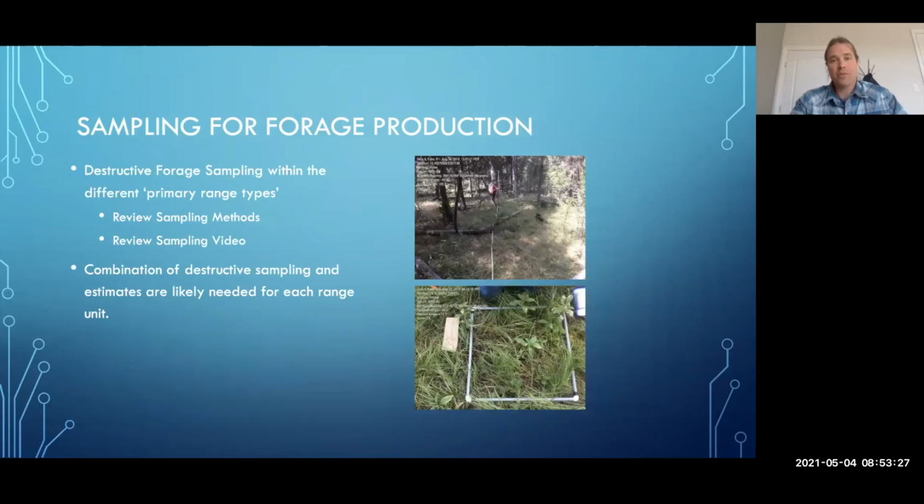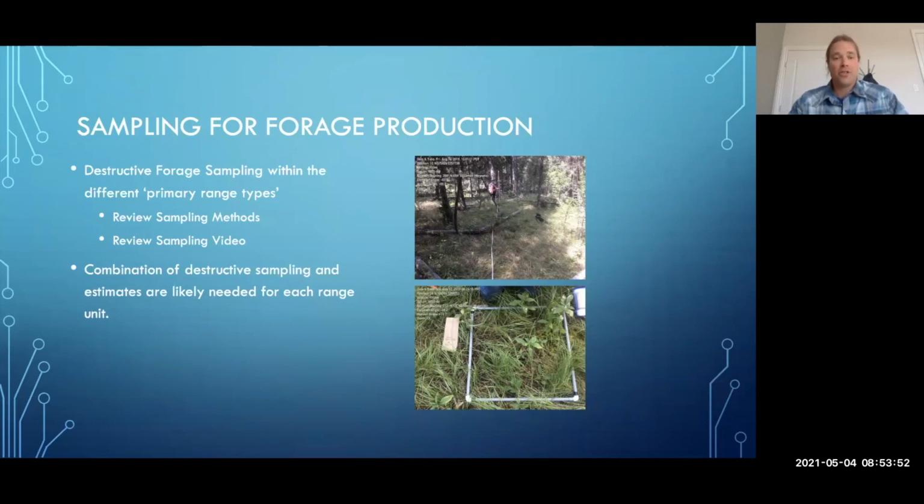And then sampling for forage production. There are updated sampling methods, and there's a sampling video that's also available. It's been recently developed for doing just this, for assisting with bolstering the data that we have for these maps.